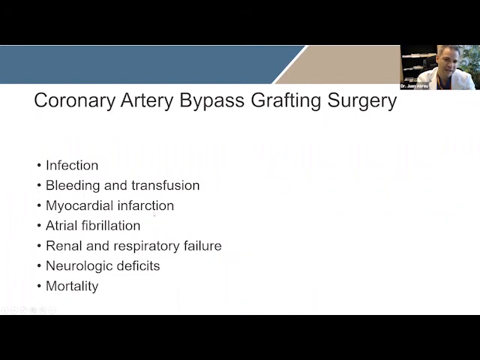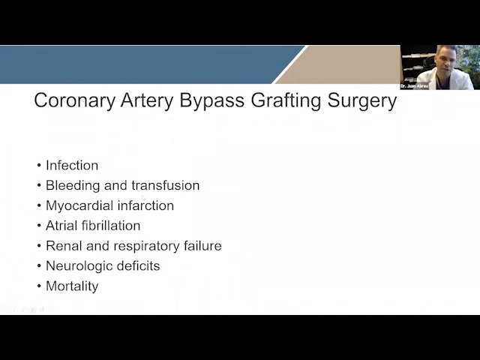Can you have a heart attack after getting bypass surgery? Yes, because let's say if the grafts go down, or if you continue to smoke, whatever we did with the surgery is going to go down. So you can have a heart attack, which is about 5%. Atrial fibrillation is when you lose your normal heart rhythm because of the inflammation, irritability of your heart, some medication, some fluid.